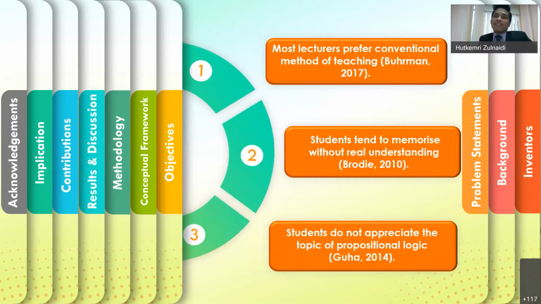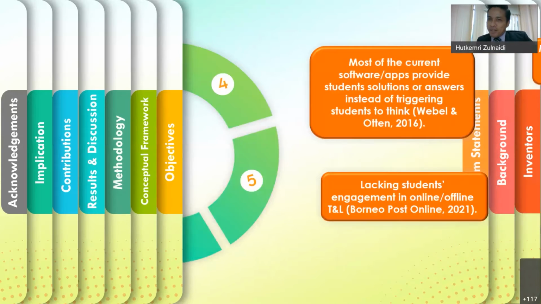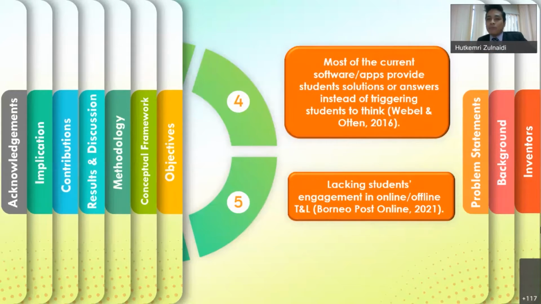Then the other problem is that most of the current software or apps provide the student's solution or answer instead of triggering the student to think. You know that there are so many software and apps. So many previous studies have checked the effect of using technology and software in mathematics.